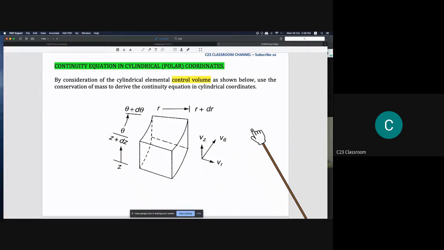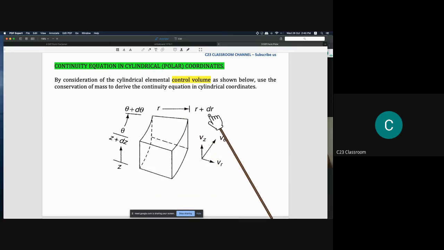So now because we have two axes, one is Cartesian coordinate, and just now I showed you the Navier-Stokes equation and the continuity equation in Cartesian, and that's actually the simple one because we only have x, y, and z. Then we are going to derive the continuity equation for cylindrical or polar coordinates.